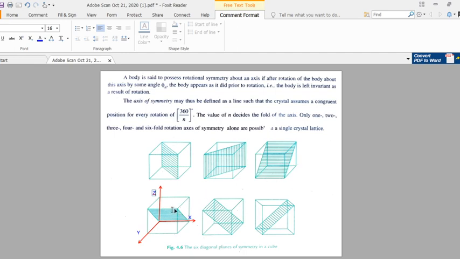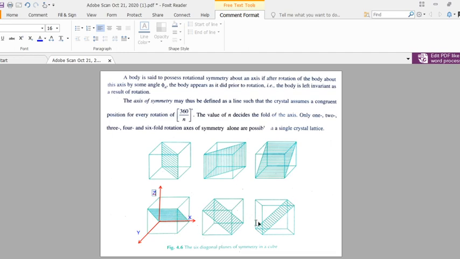Similarly, this plane and this plane, I repeat, if you look at minutely, this is your x axis, this is your y axis, and this is your z axis. So this plane is parallel to the x axis, and therefore such kind of two diagonal planes.